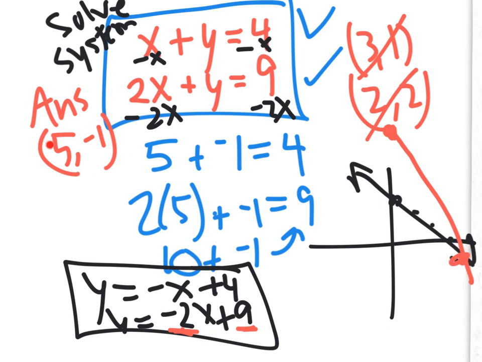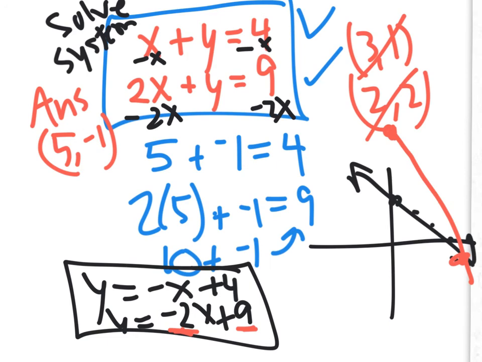5, negative 1. The answer that you get, obviously, if this black line represents all the answers of that top equation, and this red line represents all the answers of that bottom equation, and you're looking for that one single common answer that they both have, then you're technically looking for that point of intersection, because that's the only coordinate that both lines share, and that's the coordinate 5, negative 1.